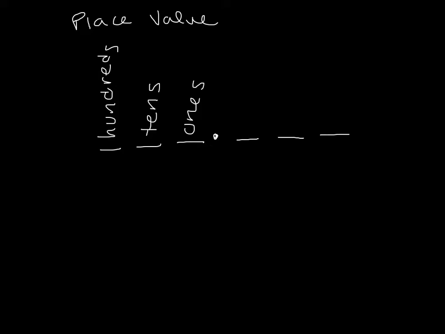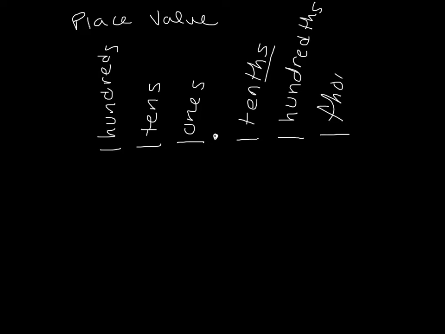For some reason, it just doesn't. So we have a tenths place, th at the end. Try not to spit on people when you say that, tenths. And then a hundredths, and then a thousandths.